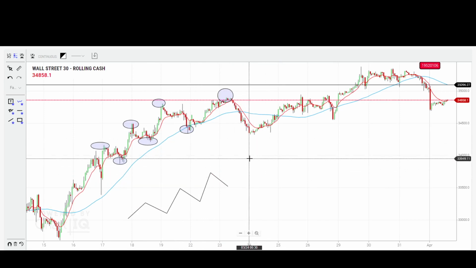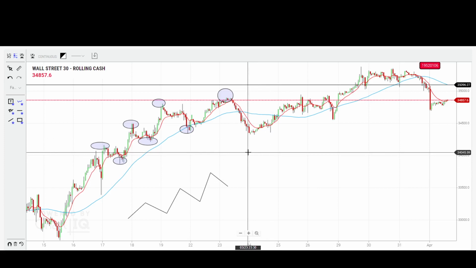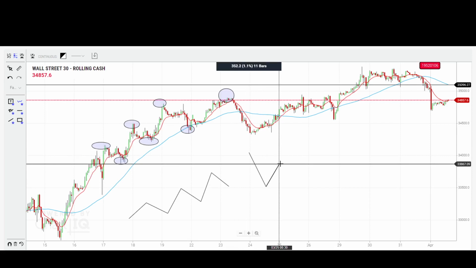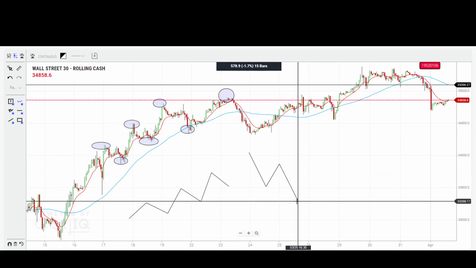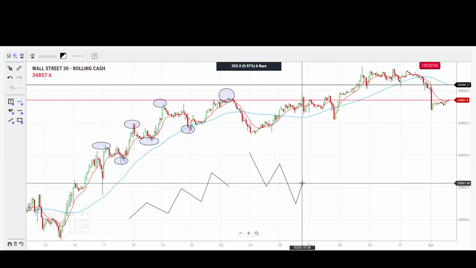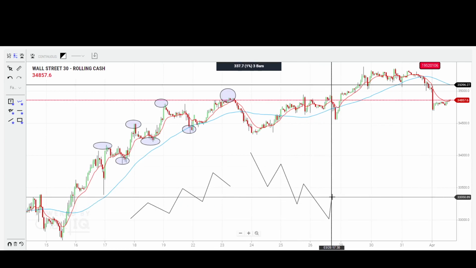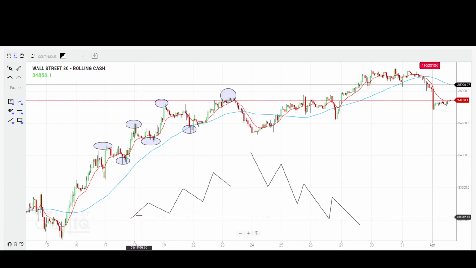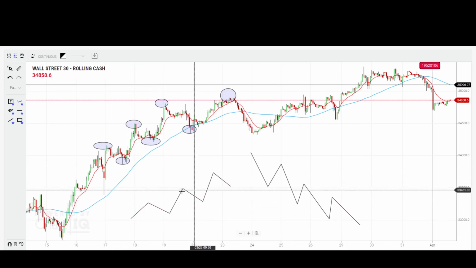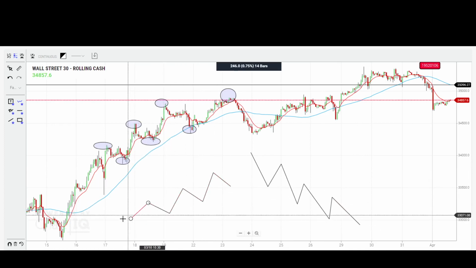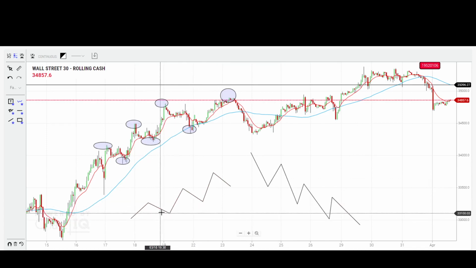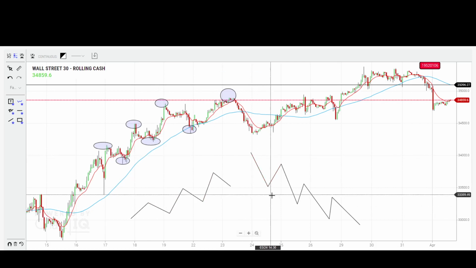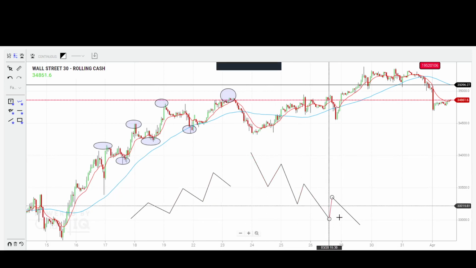So that means if the market made a low, then the high was lower than the previous high and the low was lower than the previous low, it's making a climb down, right? So when the high is higher than the previous high and the low is higher than the previous low, it's making a climb up. And the reverse is true. When the low is lower than the previous low, it's making a climb down.